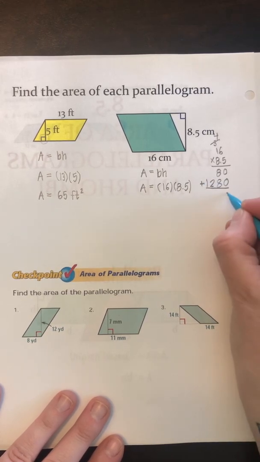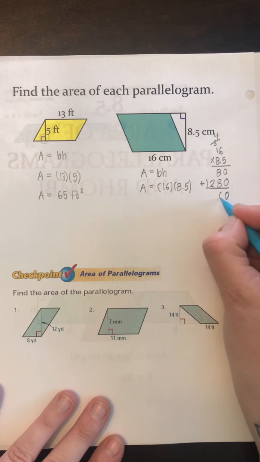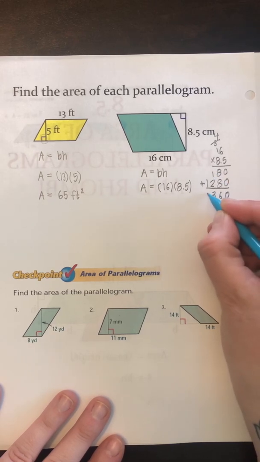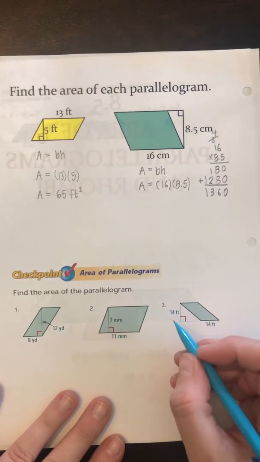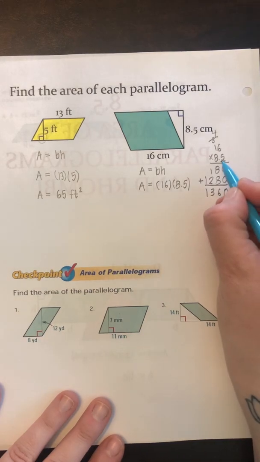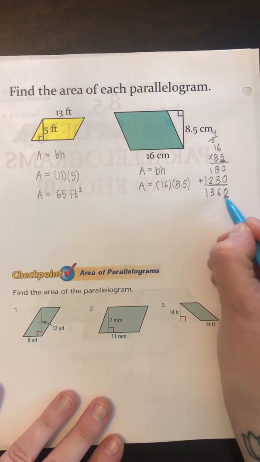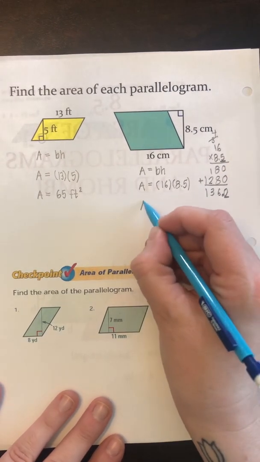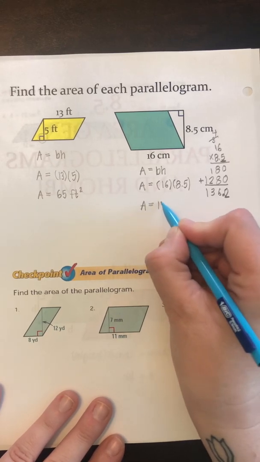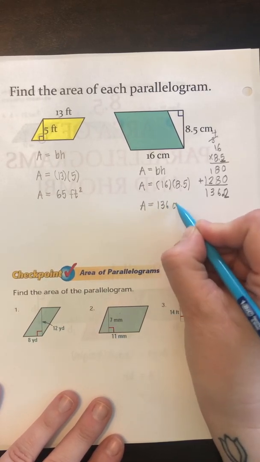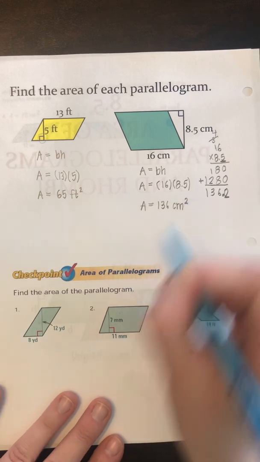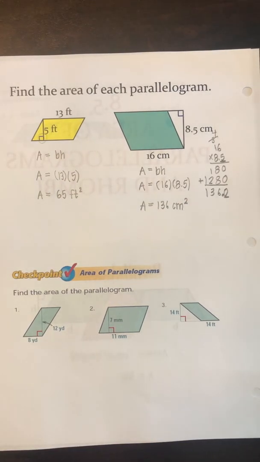I'm going to add, and let's see what we get. So I have 1360. I have one digit behind the decimal point, so I'm going to have one digit behind the decimal point in my answer. So really, I can just say 136. And then keep my units as centimeters squared. So it's pretty nice.